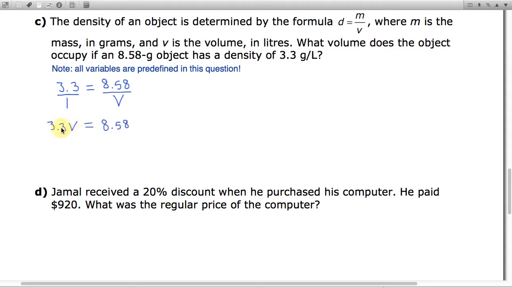So that's what I'm doing next. 3.3 times V and 1 times 8.58. Dividing both sides by 3.3 will give me a result V equals 2.6. And now that I have solved the equation, I can write my full sentence answer. The volume of the object is 2.6 liters.